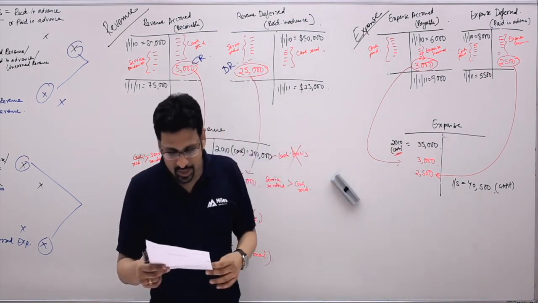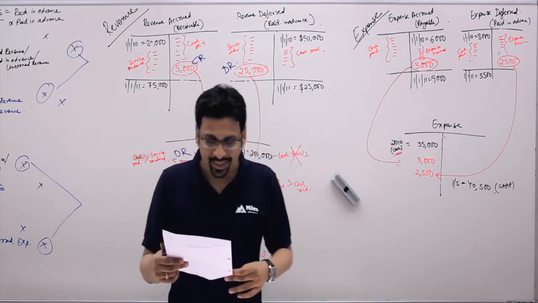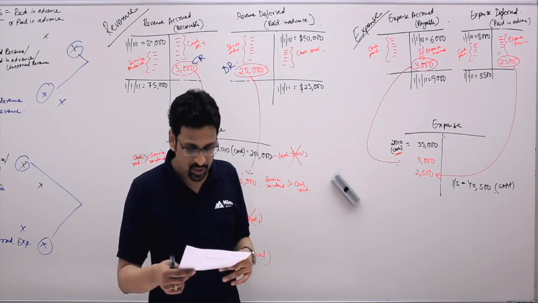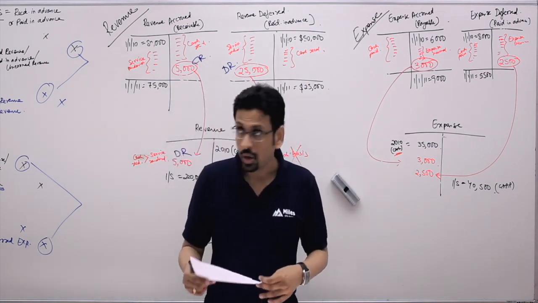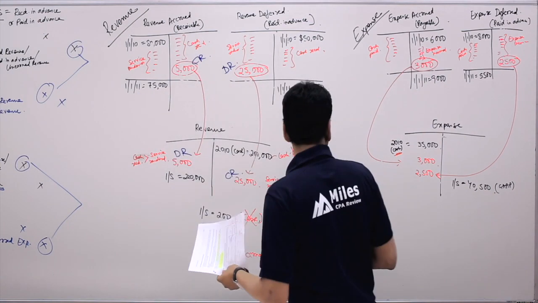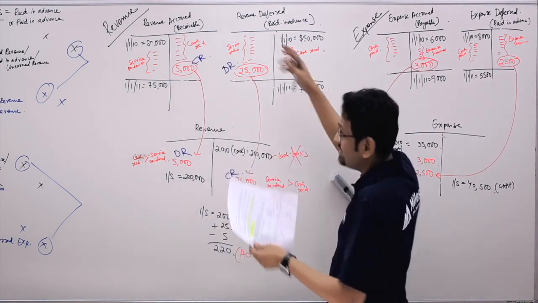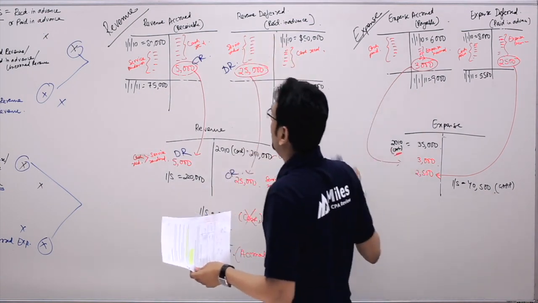It's 31st December 2009, corrected accounts receivable balance is $15,000. So the opening balance for accounts receivable is $15,000. Let's use the same template that we have here.